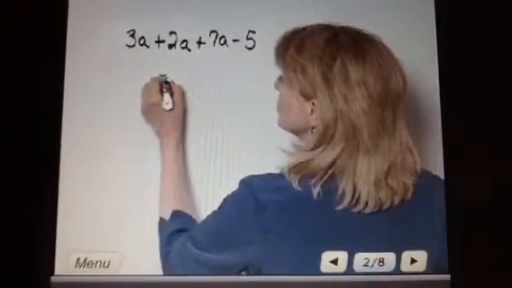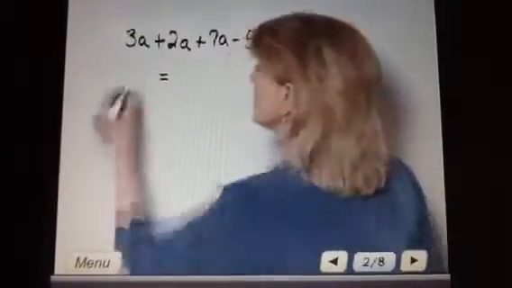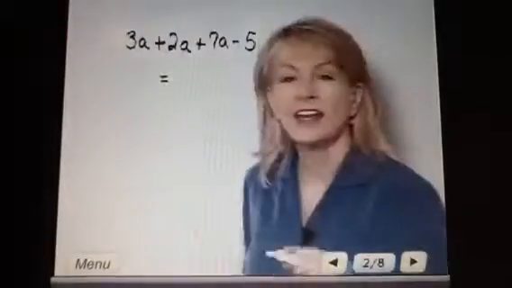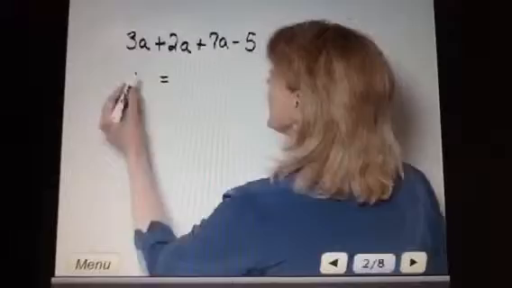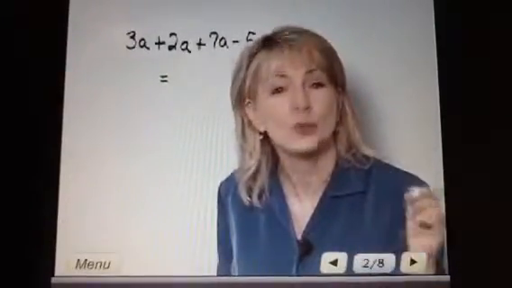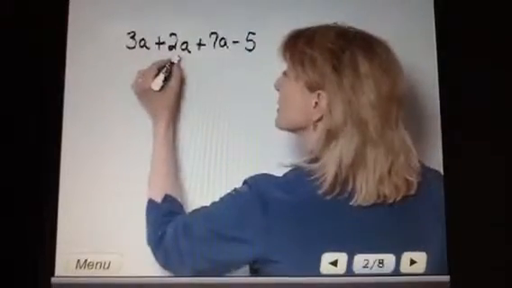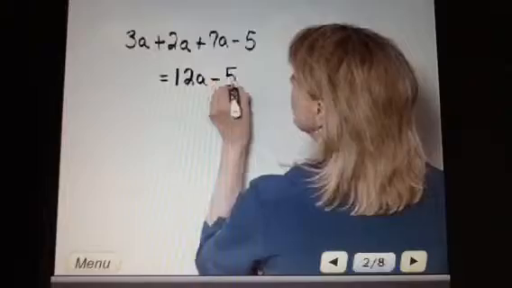This is equal to, now it's up to you, let's see if we can go ahead and do this mentally. 3a plus 2a is 3 plus 2 or 5a, and then 5a plus 7a is 5 plus 7 or 12a. So 3a plus 2a plus 7a, that's 12a minus 5.